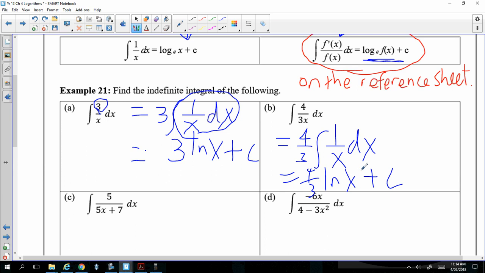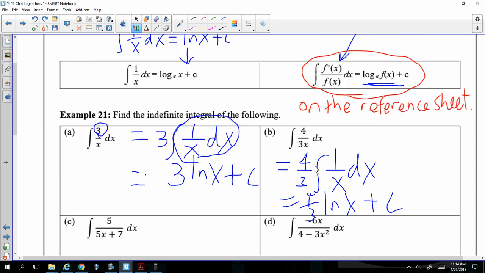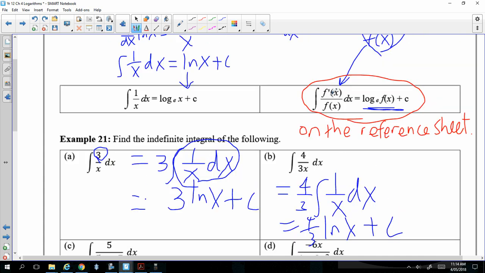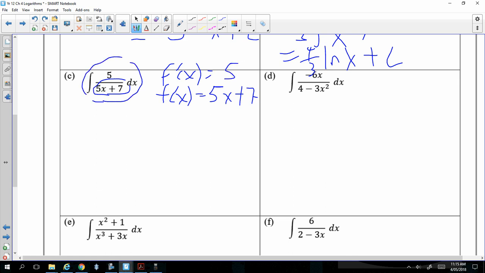All right, what if you get something more complicated? You get a fraction like this. That's when you use this formula, f dash of x over f x. You can think of the denominator as your f of x, which is 5x plus 7. And the numerator, if you differentiate f x, you get 5. So you get this fraction as f dash over f x.